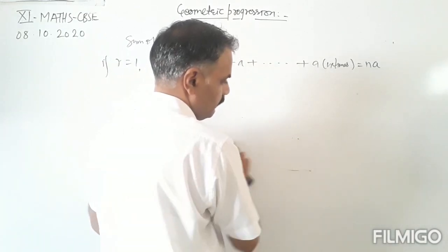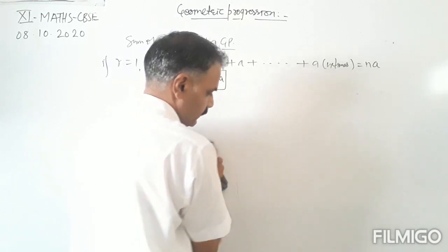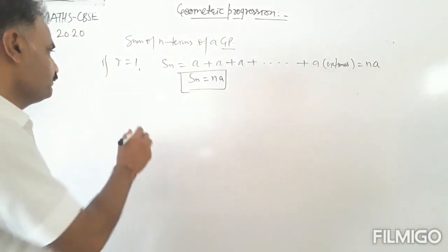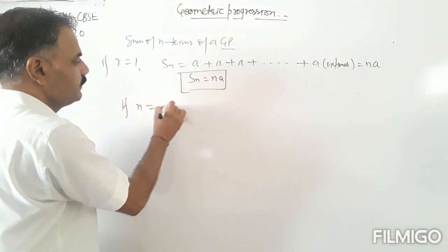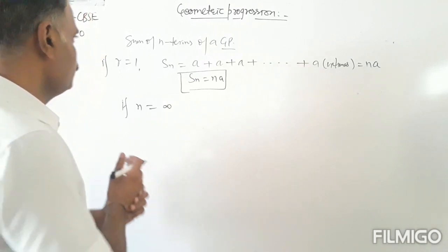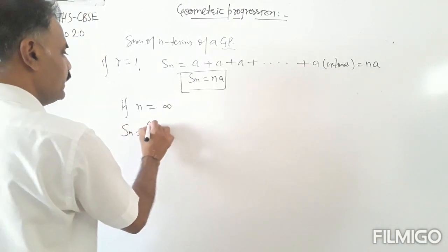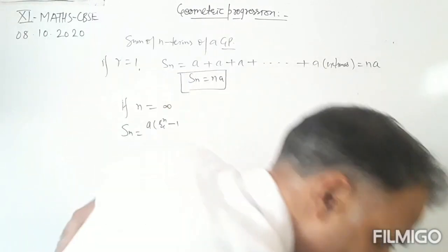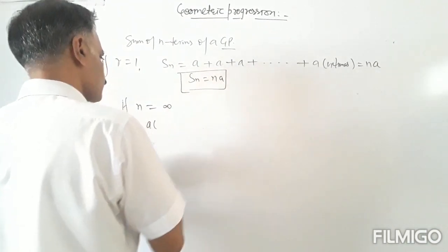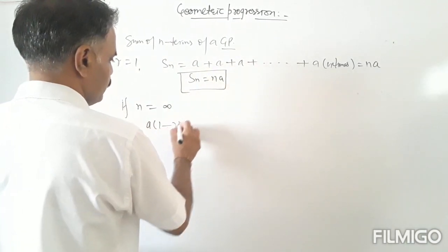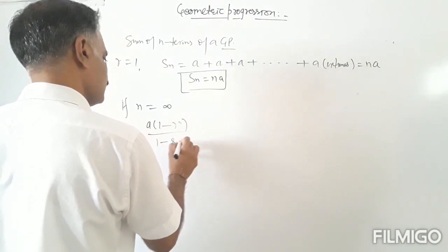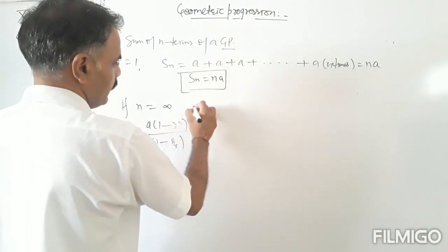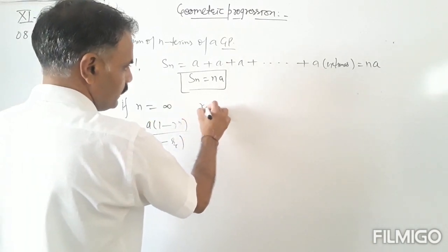Now, the sum of the infinite number of terms of a GP. The sum of the infinite number of terms means n is equal to infinity. If n is equal to infinity, then Sn equals a into (r to the power n minus 1), or (1 minus r to the power n) upon (1 minus r). So if n equals infinity, then r is less than 1.